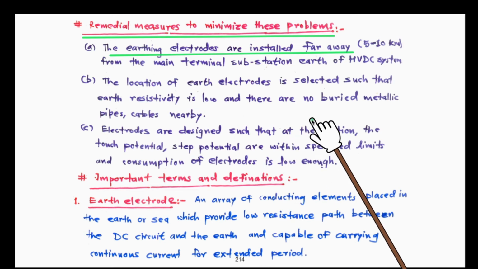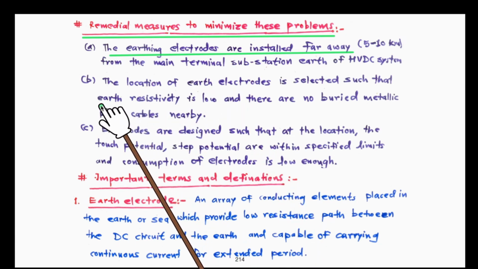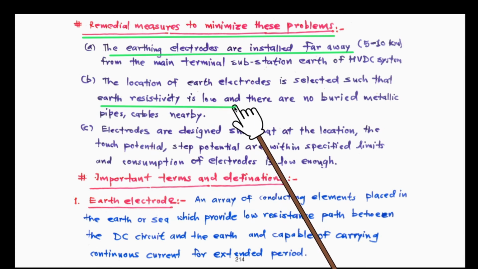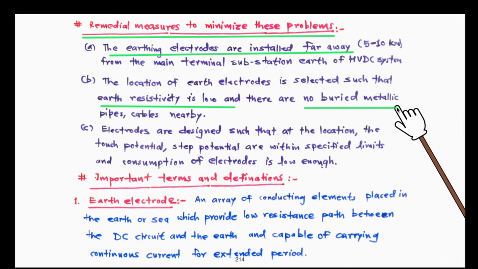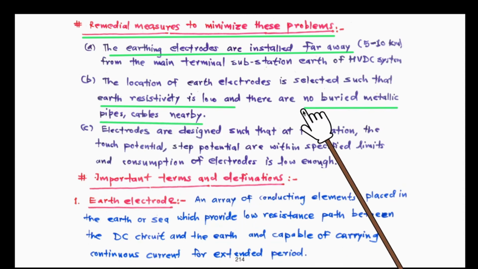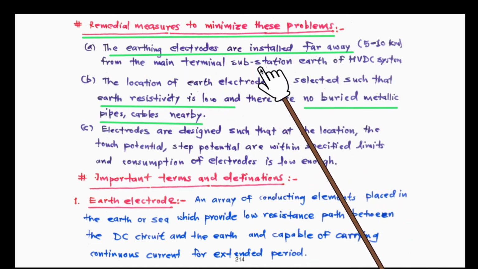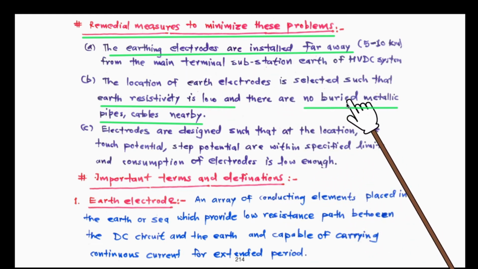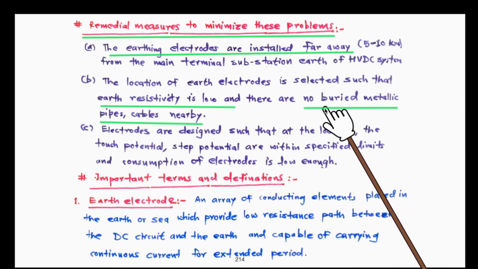Then second is the fact that the earth electrodes are selected and installed in such a place that there is low earth resistivity, and there are no buried metallic objects like pipelines, cables, and so on nearby. Although it is installed away from the substation, so the substation is protected, when we install it away, we have to check that there are no other things not related to the substation but belonging to some civilians.